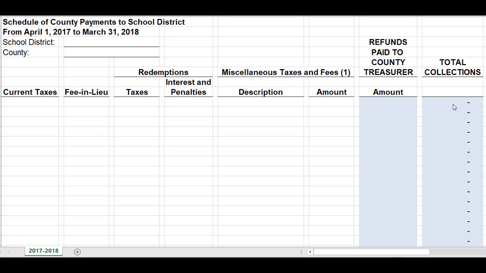The payments throughout the period of April 1st, 2017 through March 31st, 2018 for fiscal year 2018 come up to arrive at a total collections or total amount of property tax revenues generated and received by the school district.